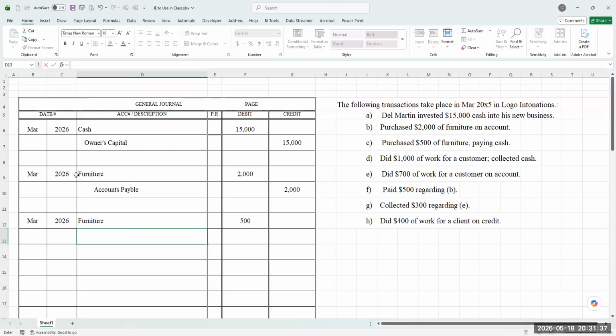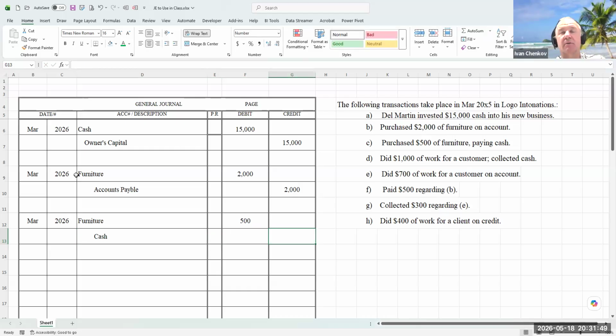Did he pay for it? Yes. How did he pay? Cash. So cash is going down. Cash is an asset. How can I bring the cash down? Debit or credit? Credit, 500. Is my debit equal to credit? Yes.